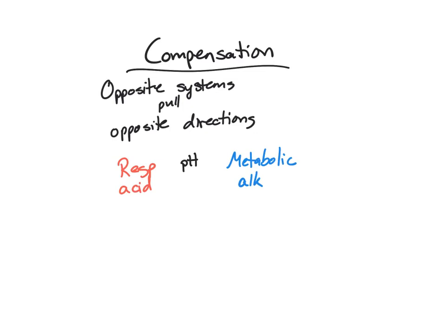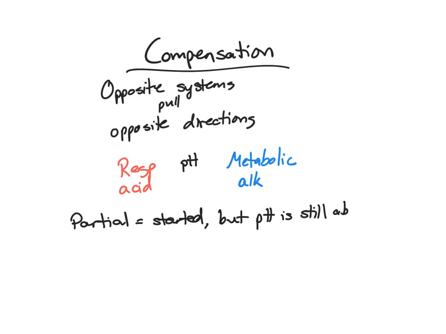We do have two levels of compensation though. Partial compensation is where the compensation process has started, but the pH is still abnormal.